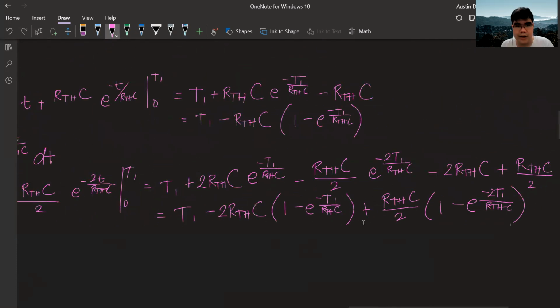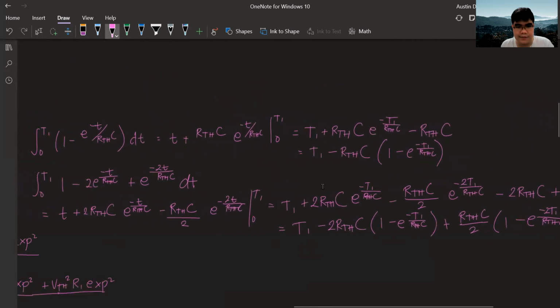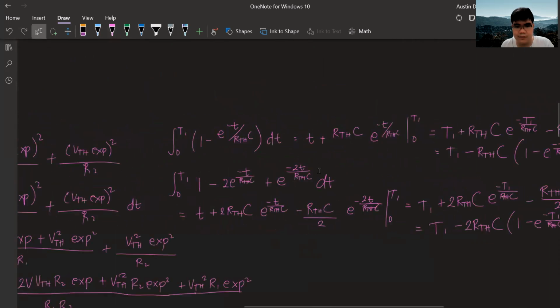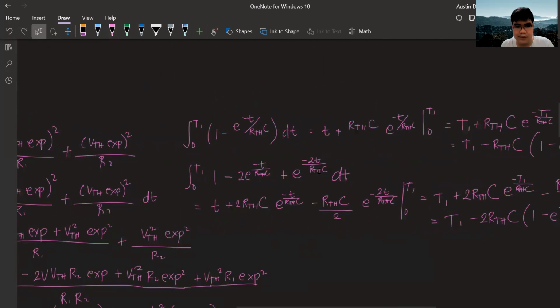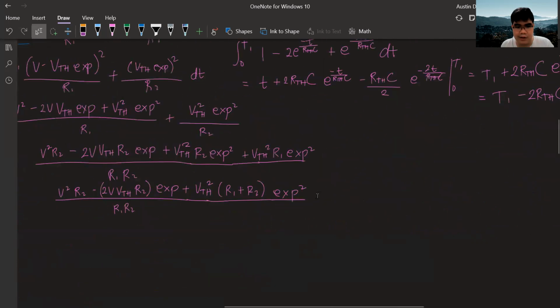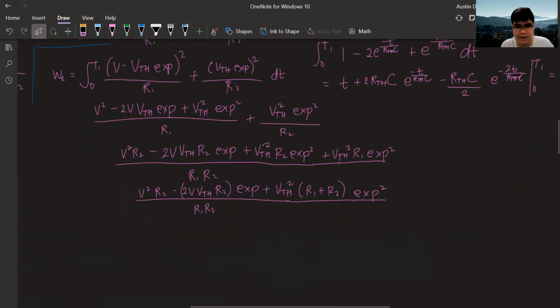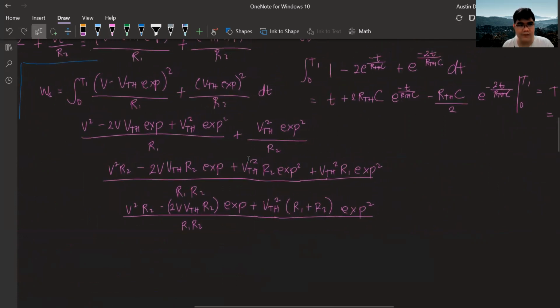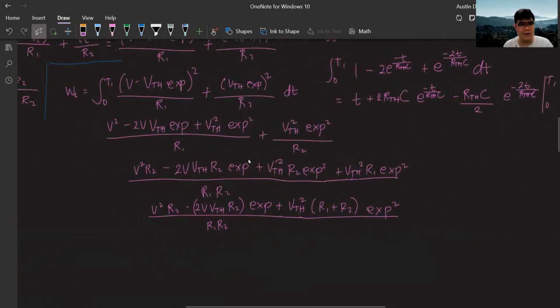Okay, so I have this, guys. Nasolve na natin yung dalawang kailangan natin, which is yung exponential squared tsaka exponential. Okay, therefore we can now write W1.